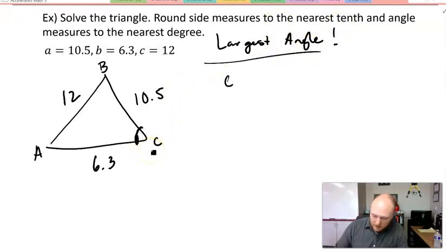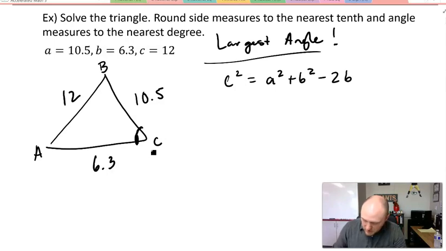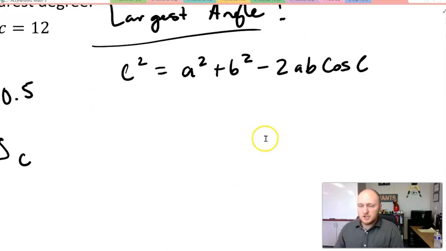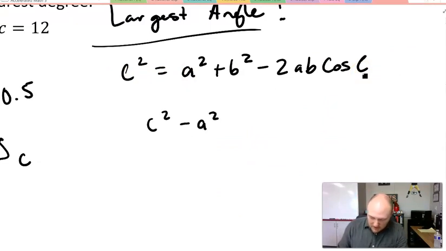So the formula I'm going to use is C squared is equal to A squared plus B squared minus 2AB times cosine of C. Now I'm going to rearrange this formula in order to isolate C. I'm going to move the A squared and the B squared to the other side.